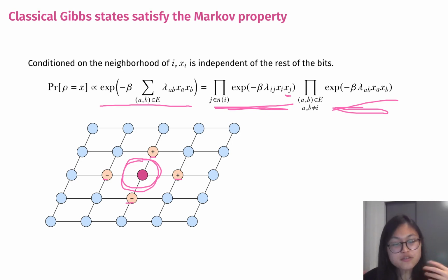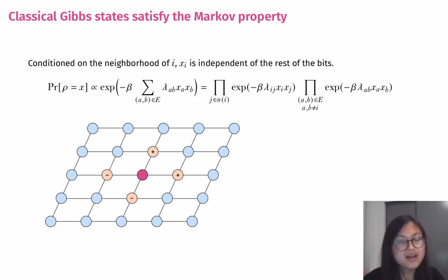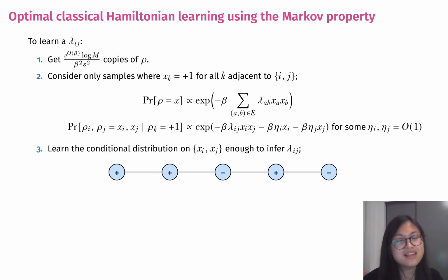This Markov property is useful because when you condition, you can just throw away the rest of the system and only focus on a small region, maybe even a constant size region. So how would you learn the parameters of this classical Hamiltonian from these samples?